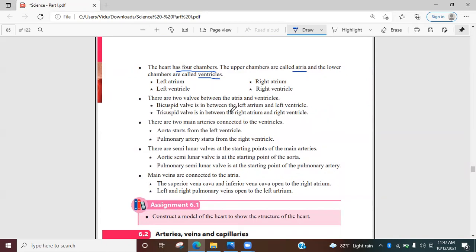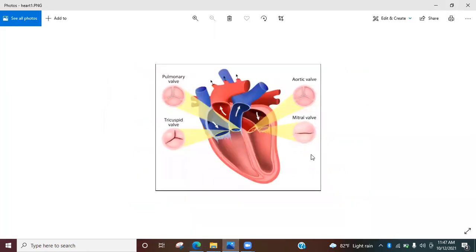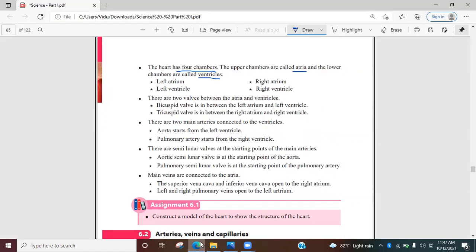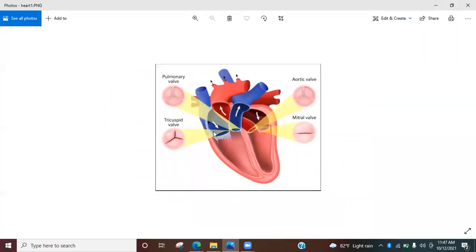Bicuspid valve or mitral valve is in between the left atrium and left ventricle. Tricuspid valve is in between the right atrium and right ventricle.